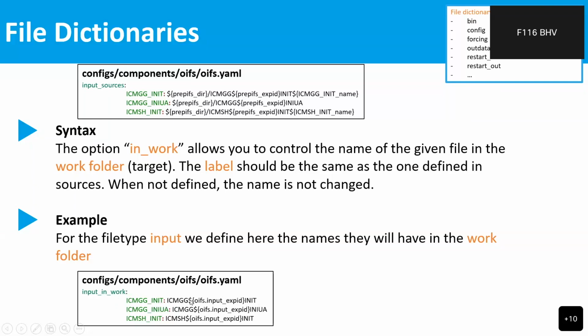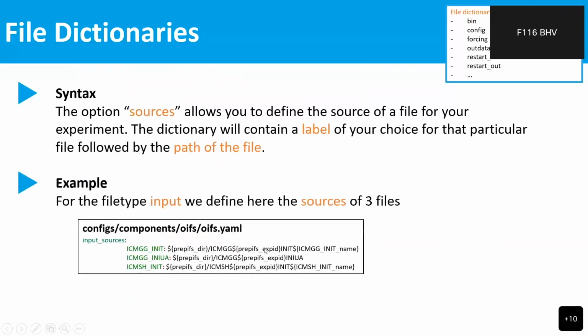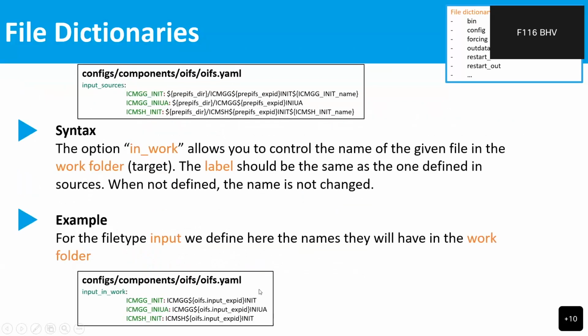Okay, so we are seeing here already that we can not only copy or link, but we can also rename on the fly. So if we were looking back here, the name of the file was different in the source than in the target.